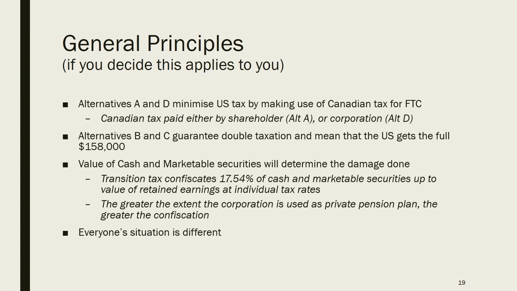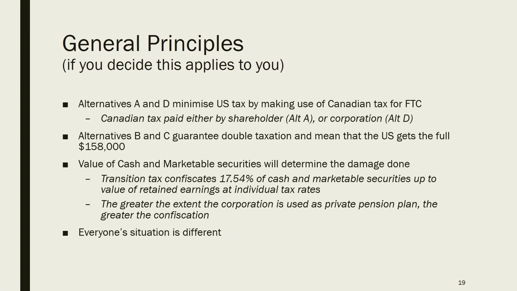In alternative A, that tax is paid by the shareholder, and in alternative D, it was paid by the corporation. Also, in alternative A, all the United States got was $13,000 net investment income tax. All of this repatriation, they called it, to collect nothing.